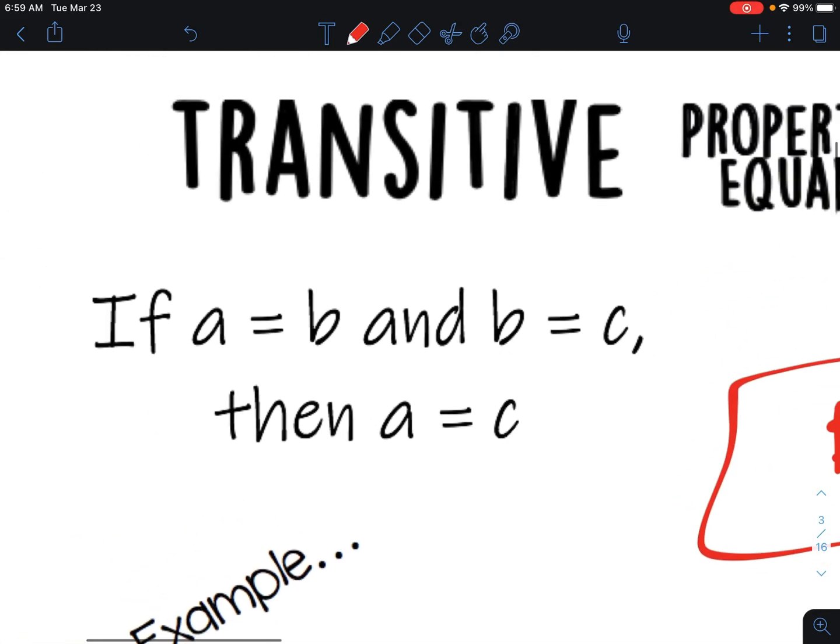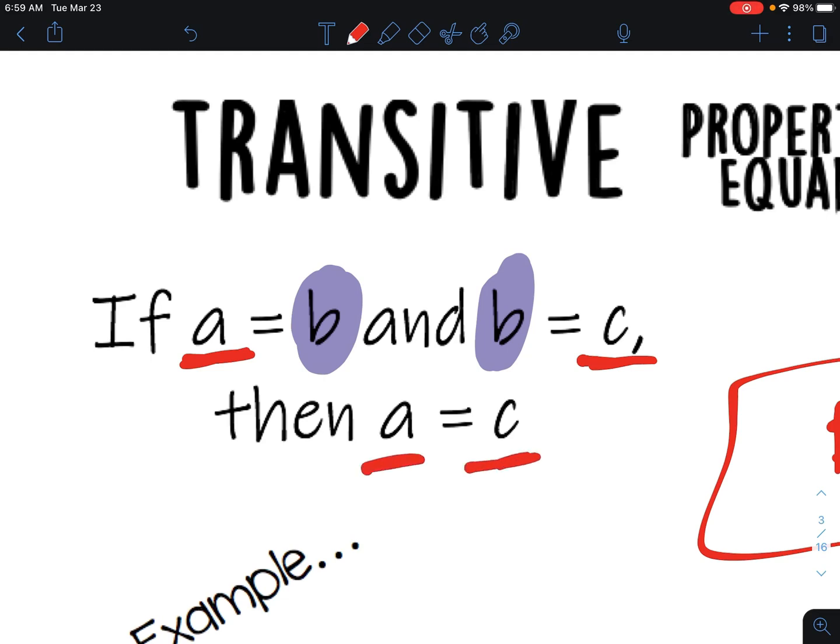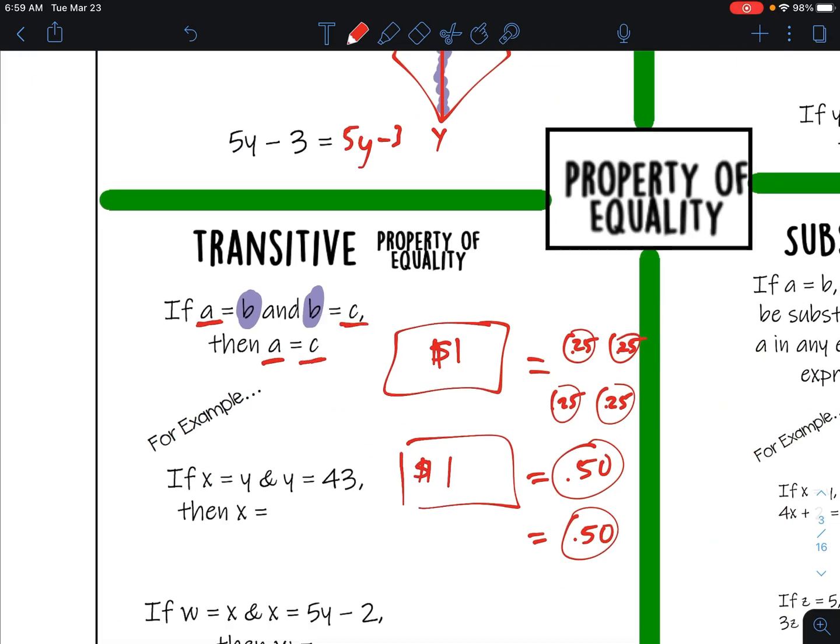So if you have one item, in this case B, equal to 2 different things, so B is equal to A and B is equal to C, using the transitive property, I can say A and C are equal to each other. I can cut out the middleman, so to speak.